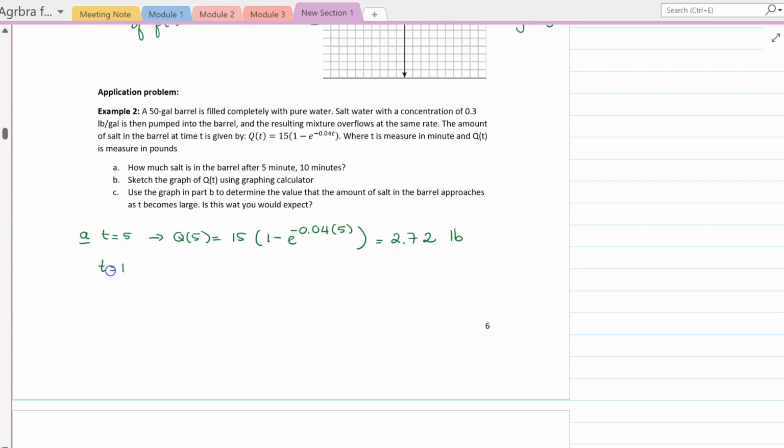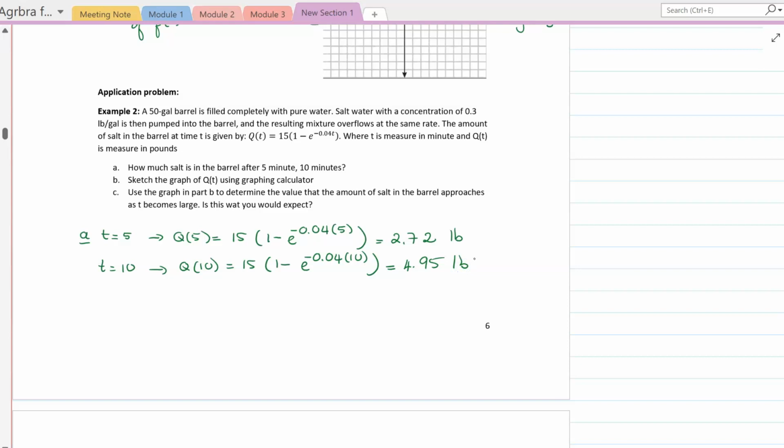When t = 10, Q(10) = 15(1 - e^(-0.04·10)). That gives us 4.95 pounds of salt that is in the water.